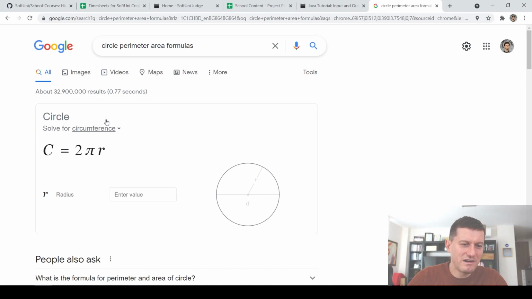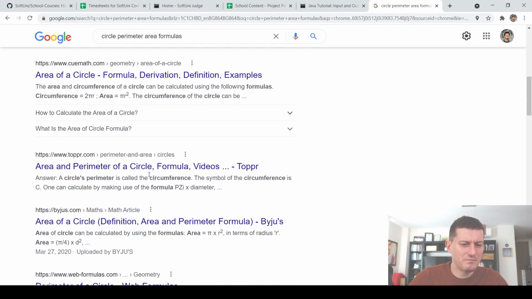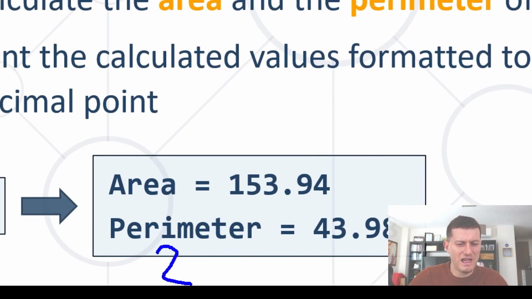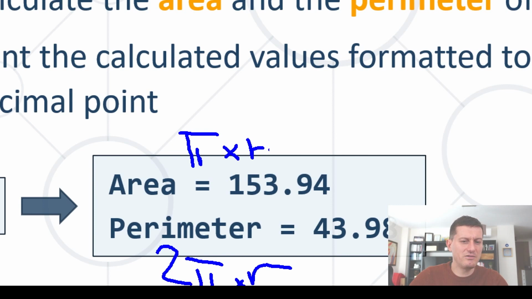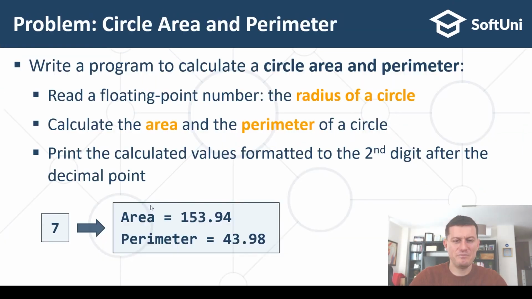But generally, the perimeter is 2 times the number pi, 3.14, multiplied by the radius. And the area is pi multiplied by the radius, multiplied by the radius.